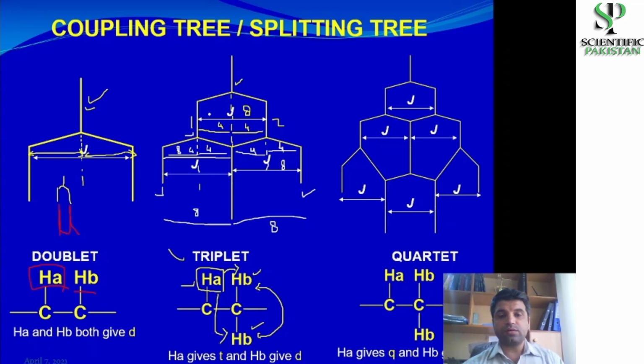We already saw that these two lines have a splitting magnitude of 8 Hertz. And if you extrapolate these lines, they fall exactly in the center of these two lines. So the distance between the first two lines is equal to 8 Hertz.